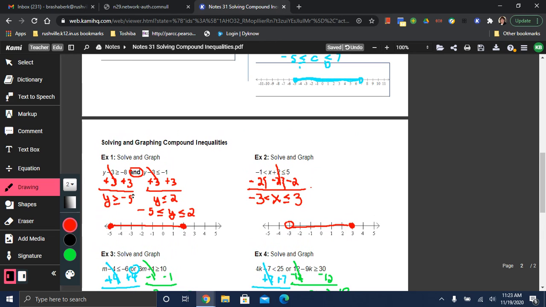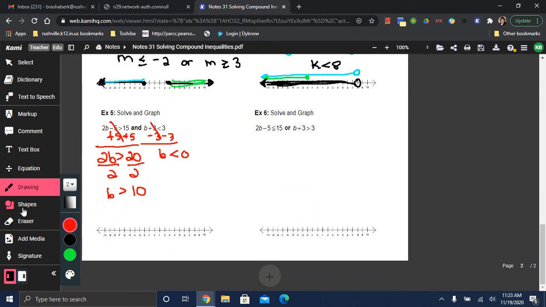And then greater than 10, those would be numbers up here, like 11 and 12. And in this situation, to have numbers that are greater than 10 and numbers that are less than 0, there is no overlap. Now, I'm going to show you that graphing above.